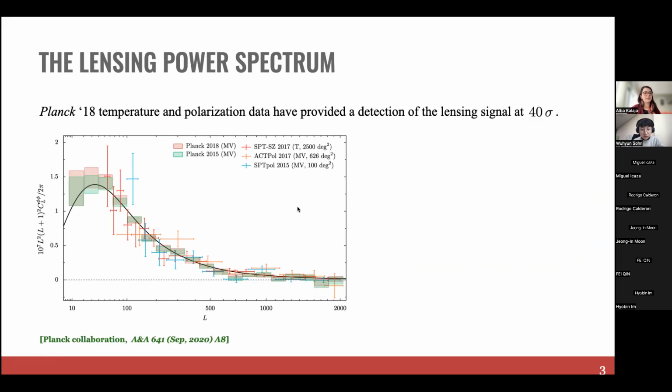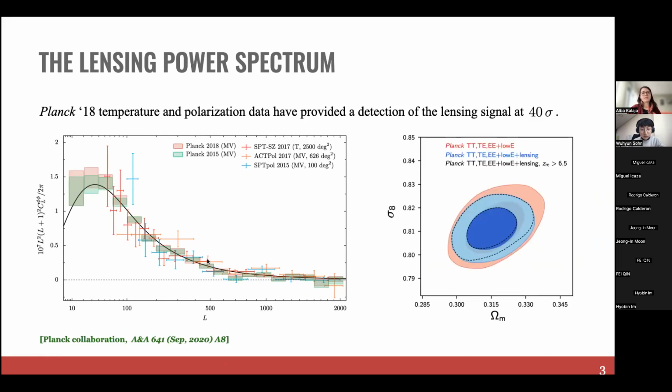The fit is quite good. But most importantly, this signal has also been used to draw constraints on cosmological parameters, especially parameters more related to late-time cosmology. So not only the density of matter, omega m, but also sigma 8, which is the amplitude of the linear matter power spectrum at 8 megaparsecs.